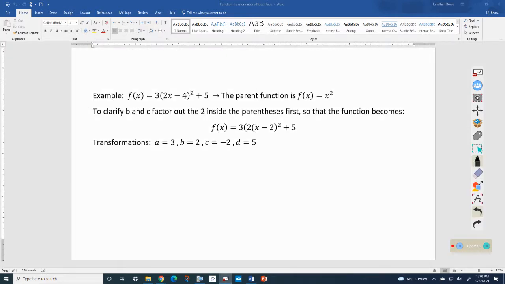Okay, now we're going to do an example that puts together all of them at once. We have an A, a B, and a C, and a D all at the same time.